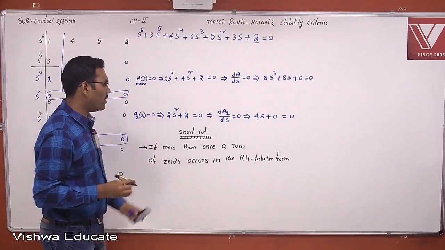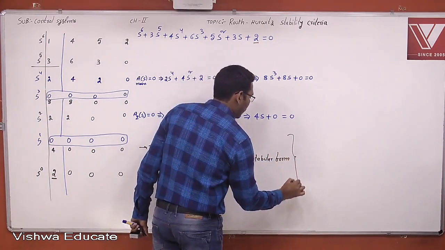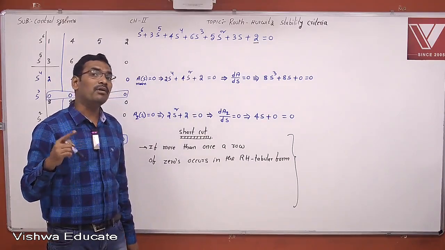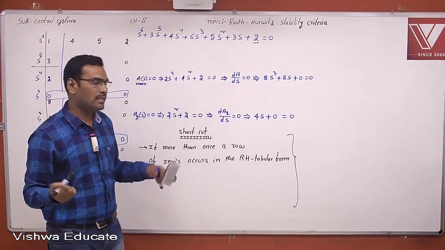If more than one time the row of zeros occurs in the RH tabular form, one time means imaginary axis, but more than one time means repeated. Repeated means the system is unstable.